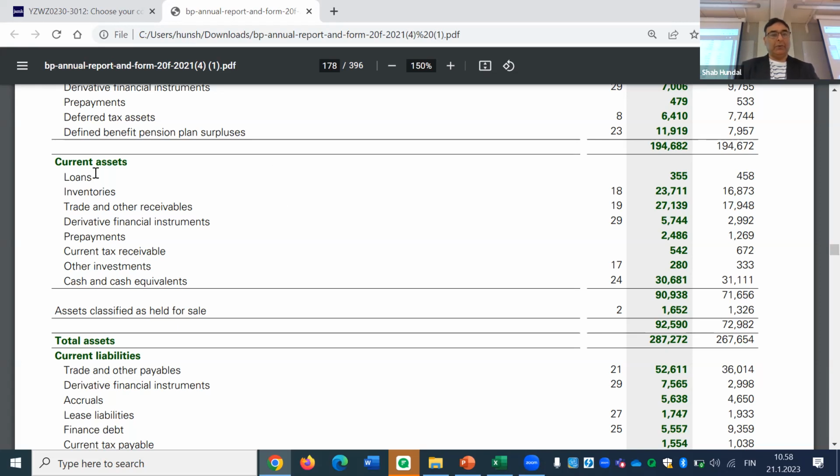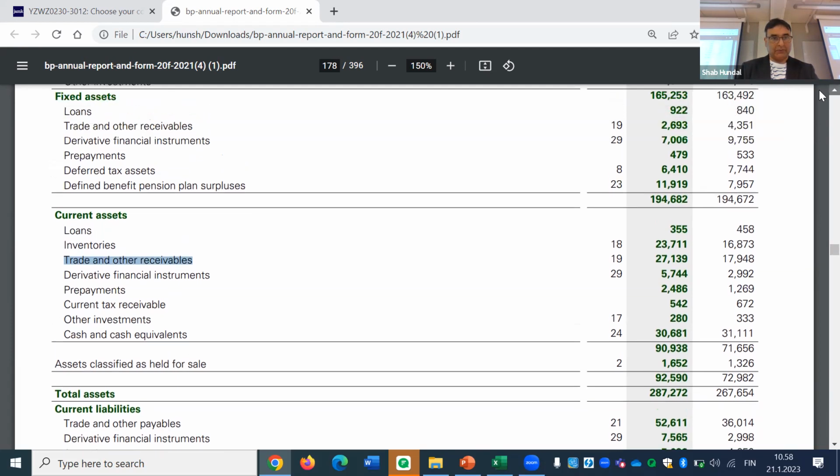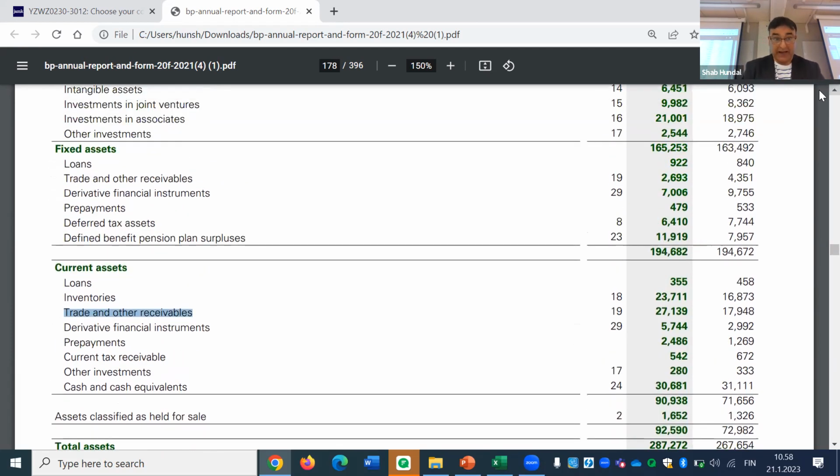And we see here we have the trade and other receivables, but do we have them in the non-current assets also? Oh, yes, we have actually. We have two figures now. So there are some customers of BP who take more than a year to pay you.